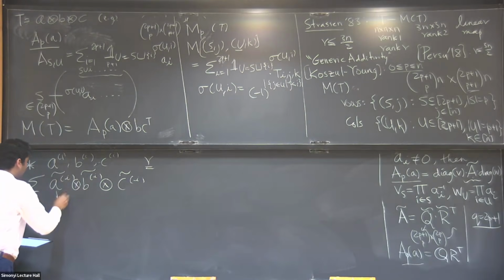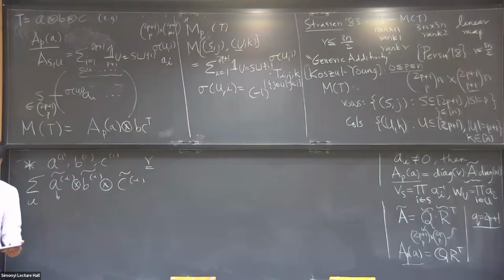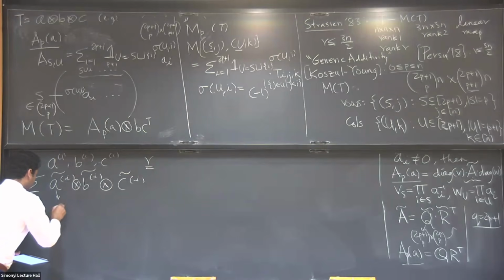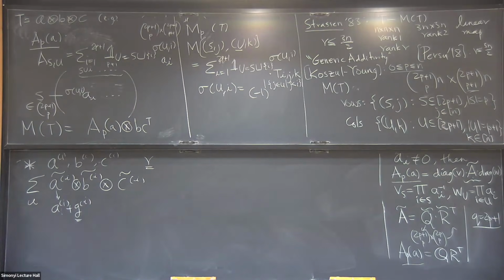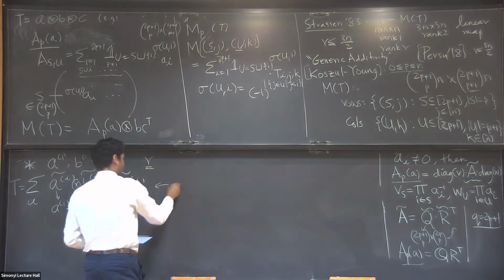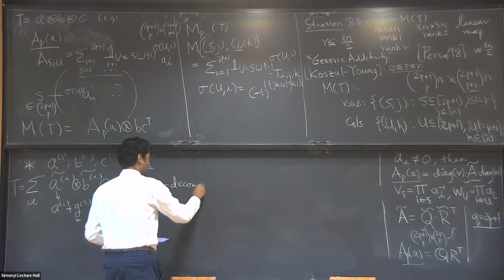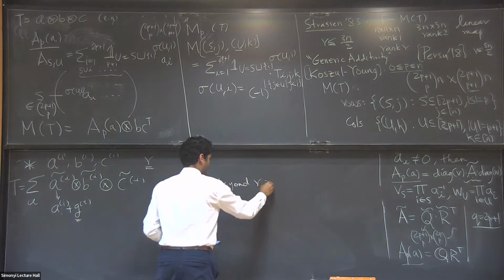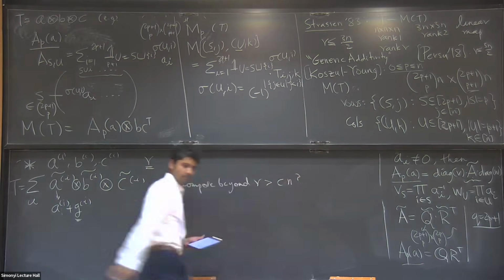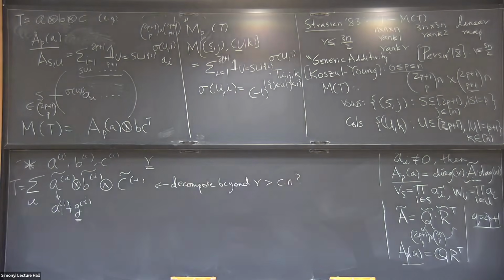And tilde means that I just added an independent Gaussian vector to A_i. So this one is just A_i plus a Gaussian, independent in every coordinate. So it's like a smoothing of the original input. And the question I'm going to ask is, can you decompose this in the overcomplete regime, beyond some constant times n?